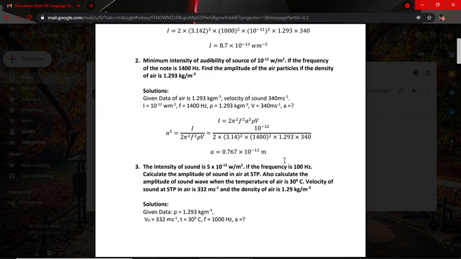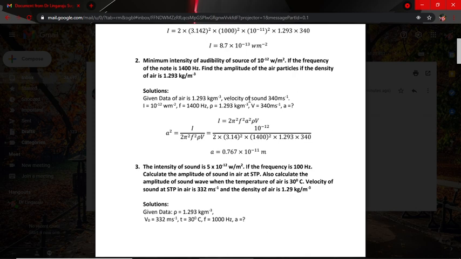If the frequency of the note is 1400 hertz, find the amplitude of the air particles if the density of air is 1.293 kg per meter cube. Here they have given the air data, the density of air is 1.293 kg per meter cube.